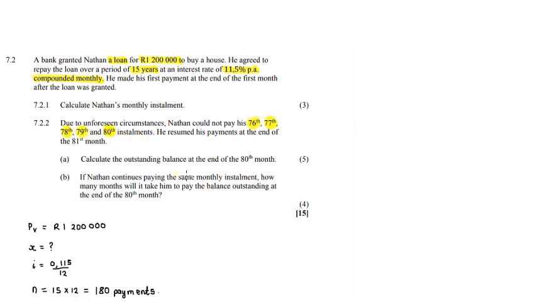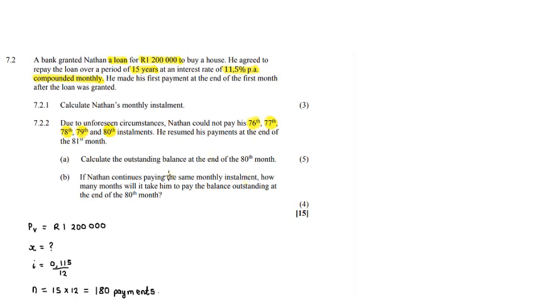He resumed his payments at the end of the 81st month. Sub-question A, we now need to calculate the outstanding balance at the end of the 80th month. And then B says if Nathan continues paying the same monthly installment.